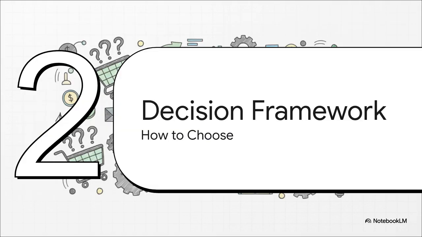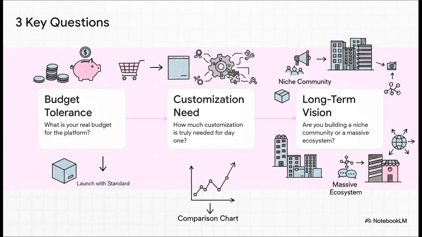So how do you pick your path? Well, now it's time to look inward at your own project, your own goals. And to do that, you need a simple but really powerful framework to guide your decision. Here it is, just 3 questions you need to ask yourself honestly. First, what's my real budget? Be brutally honest. This alone is going to narrow down your choices big time.